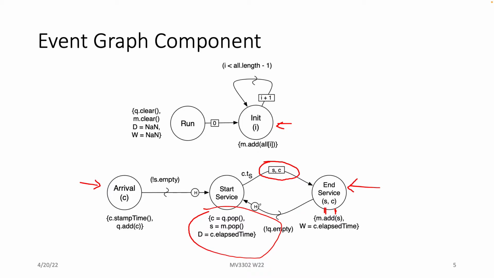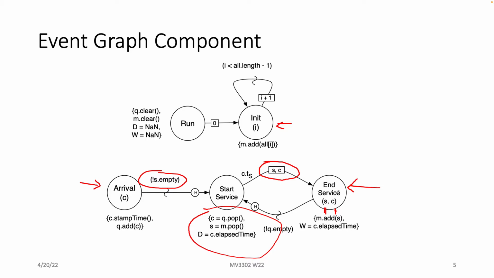And because that's high priority, that would happen before, let's say, the arrival event, which is technically at the same time. But then, because the start service event now has performed its state transition, the arrival event may find the servers empty.